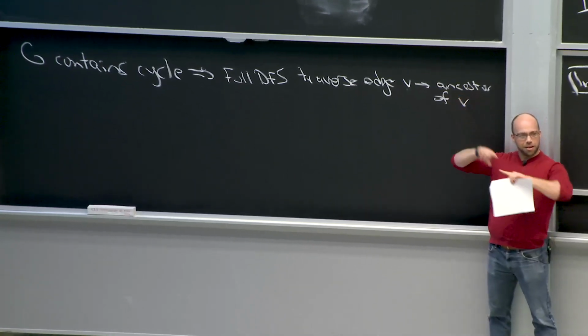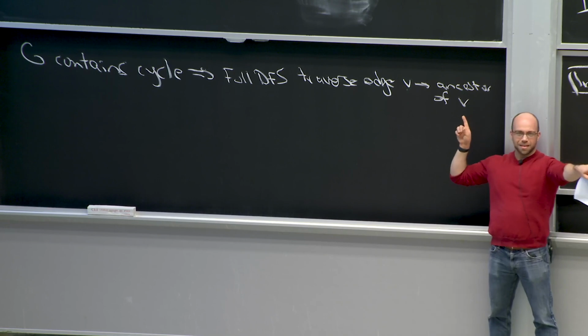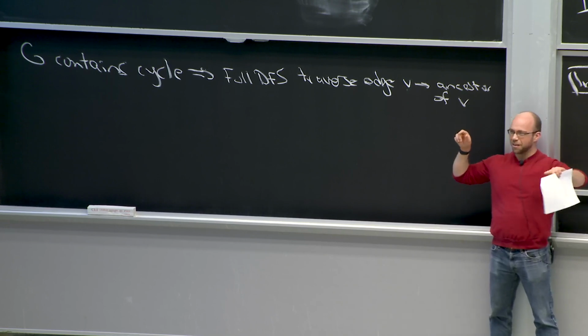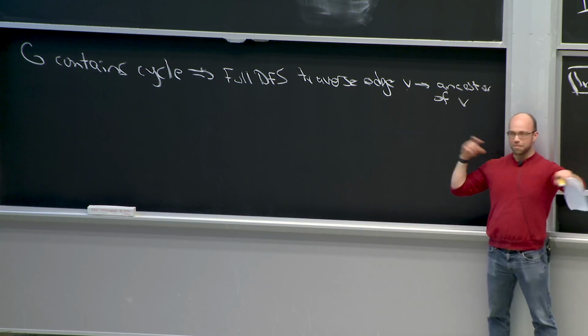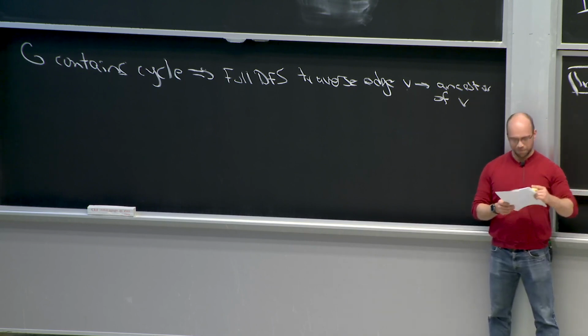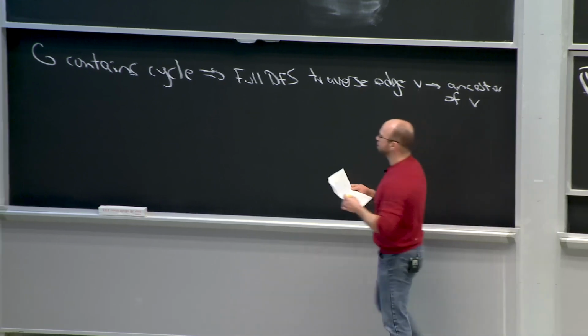Essentially, if you think of the running of the DFS algorithm, then an ancestor is something that appears in the recursive call tree before I got to V.